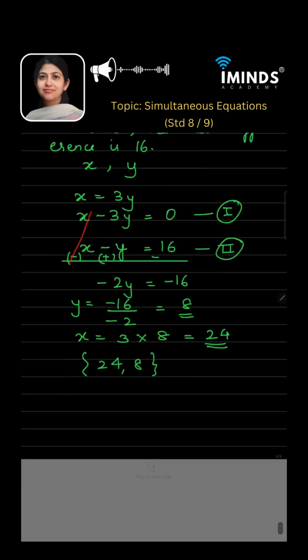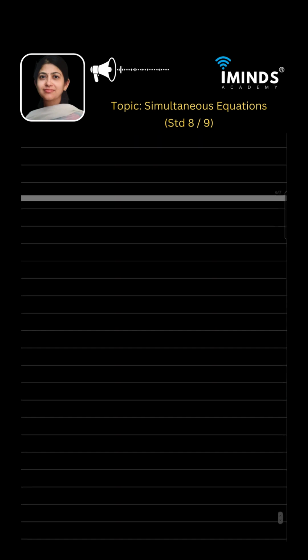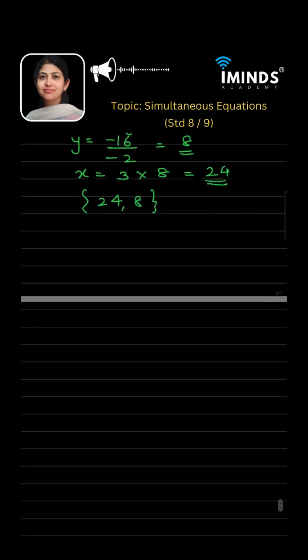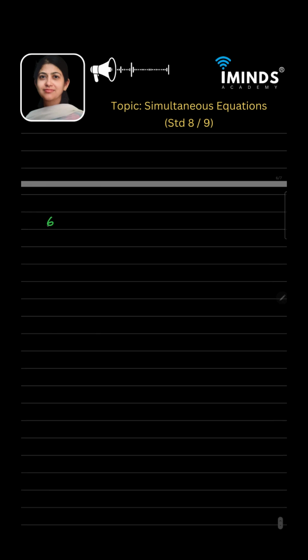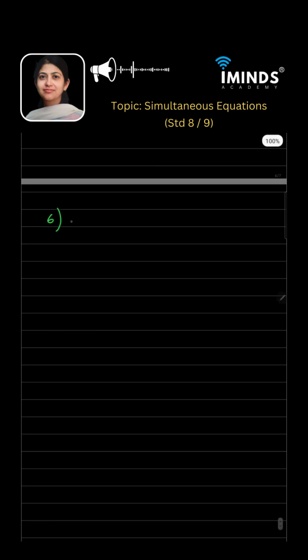See, so easy it is to find two variables by simultaneous equations. Now this was our fifth example. Now let us go to the sixth one. One last worded problem we will do, and that is related to ages.